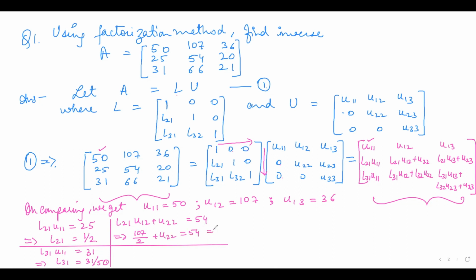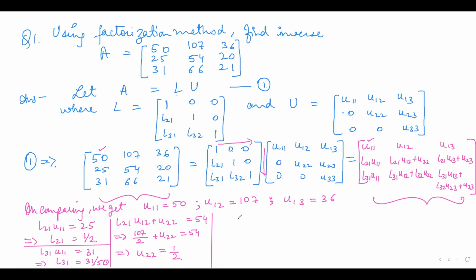So I can calculate the value. U22 is coming out to be, when I solve, 54 minus 107 by 2. So that will give me half.